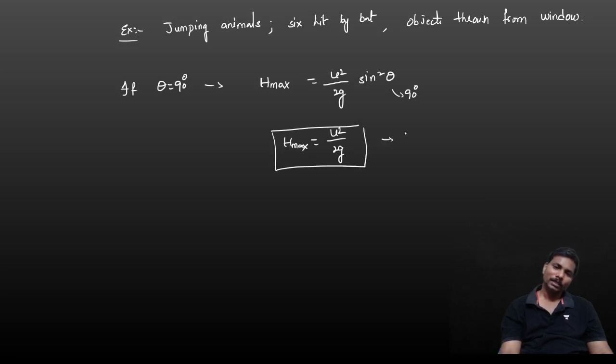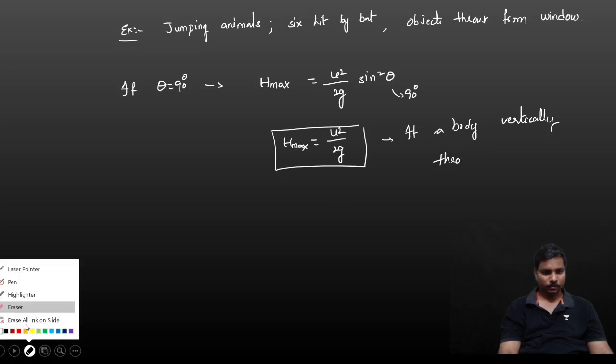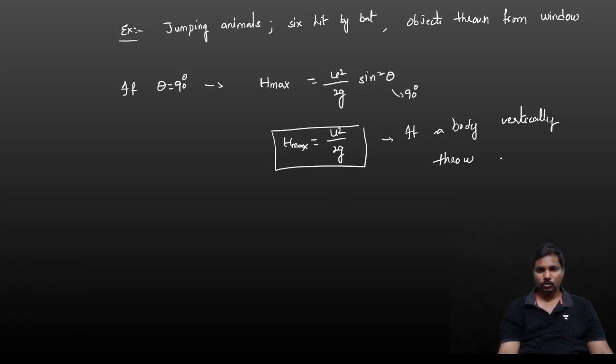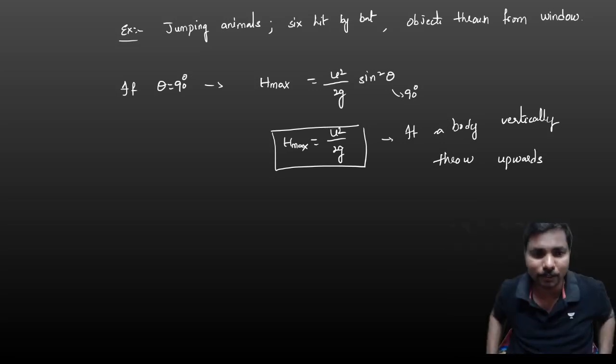That means if a body is thrown vertically upwards, in this case H max is equal to U square by 2G.